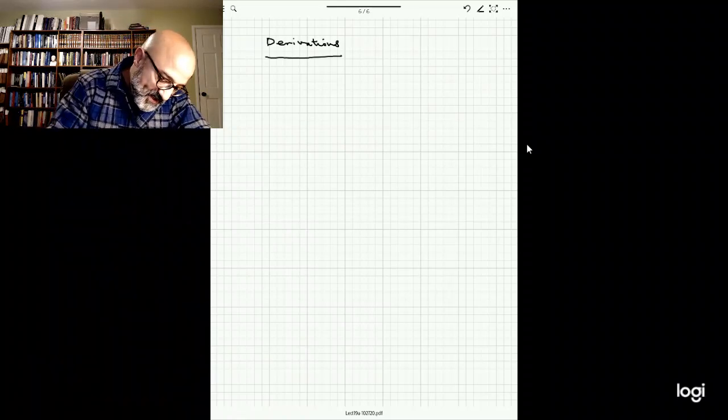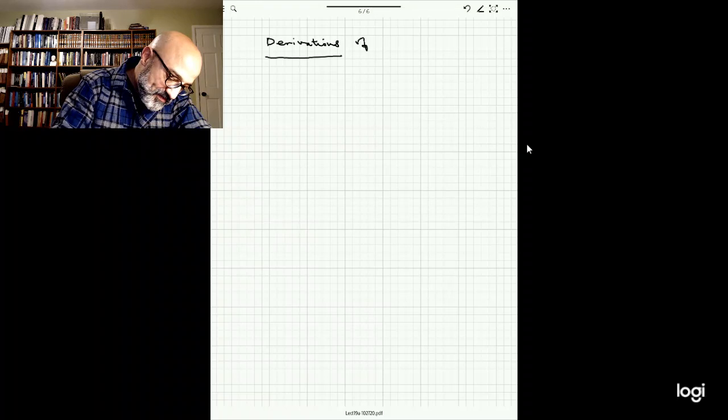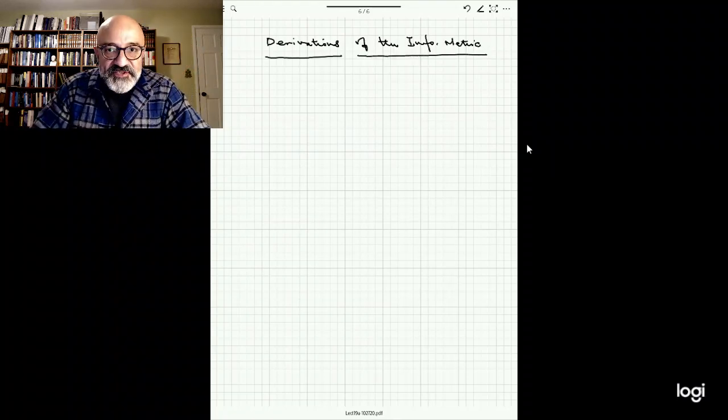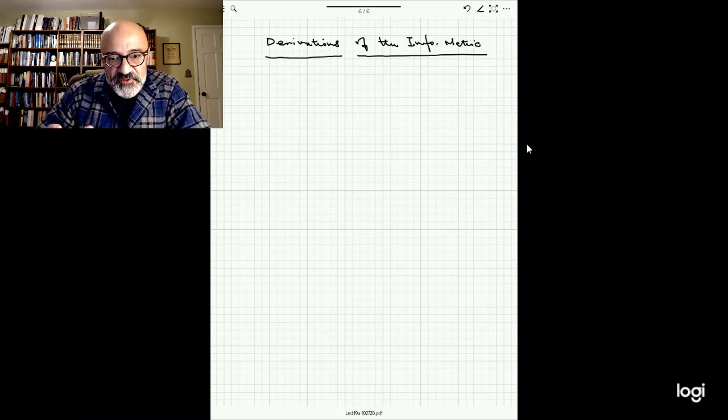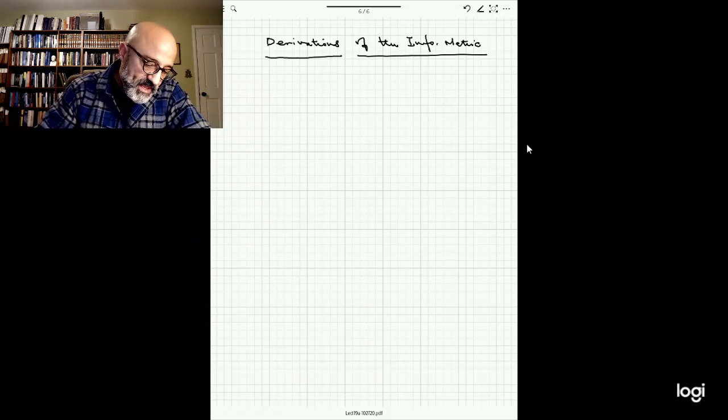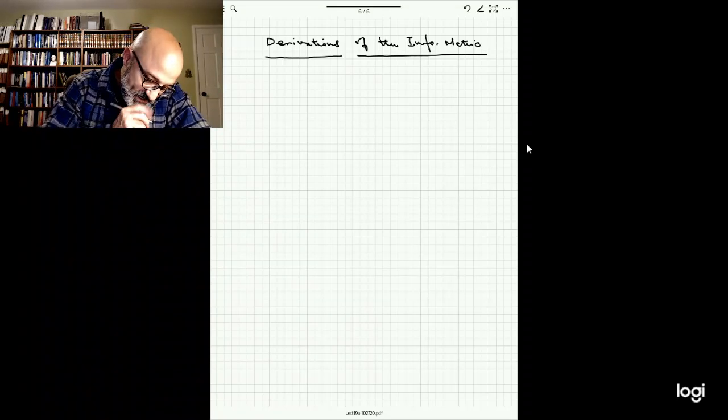So the first derivation, the derivations of the information metric. The first derivation is actually extremely intuitive. It is designed to give you an intuition of what these metrics are actually doing. And it goes like this.